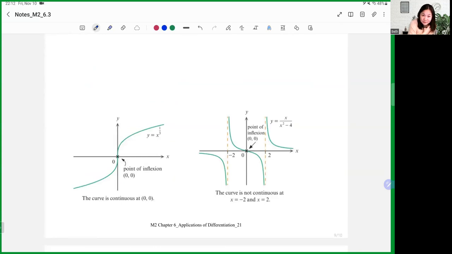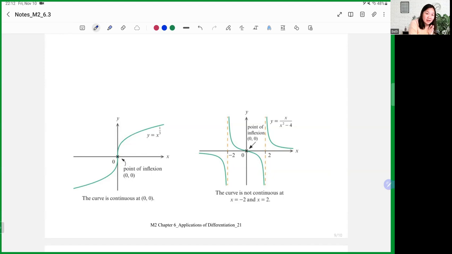It's vertical. The tangent line there is vertical, which makes the first derivative not exist. So the first derivative does not exist, the second derivative cannot exist because the second derivative comes from the first derivative.